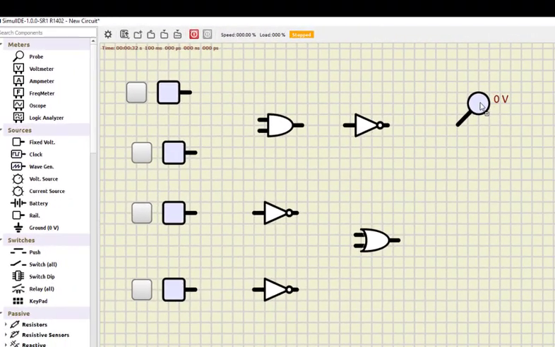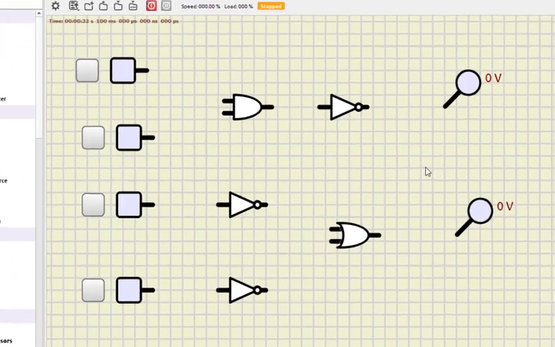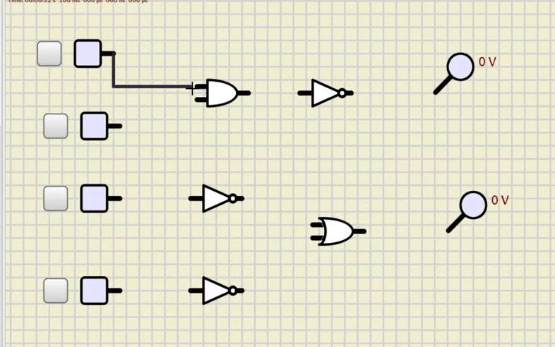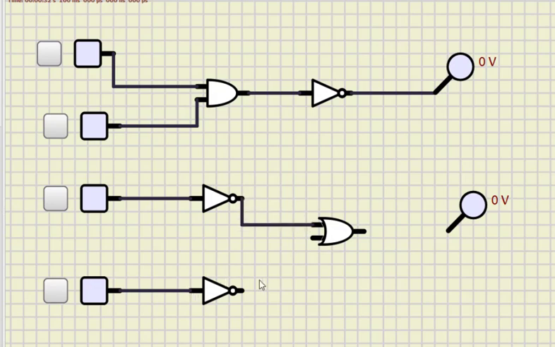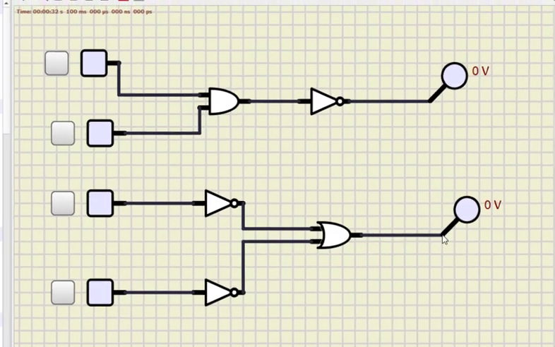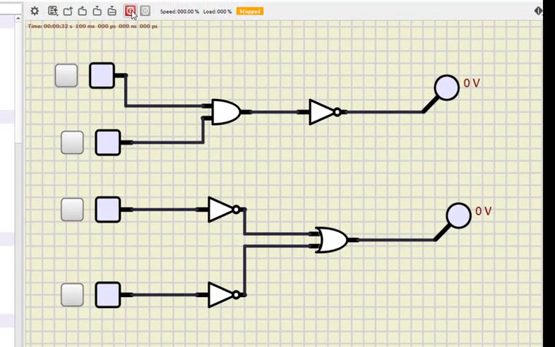I'll put two probes for two outputs. Now do the connection. This is connected. The upper circuit shows the left hand side of De Morgan's first law, and the lower one is the right hand side. Now we are done. Let us run the simulation.